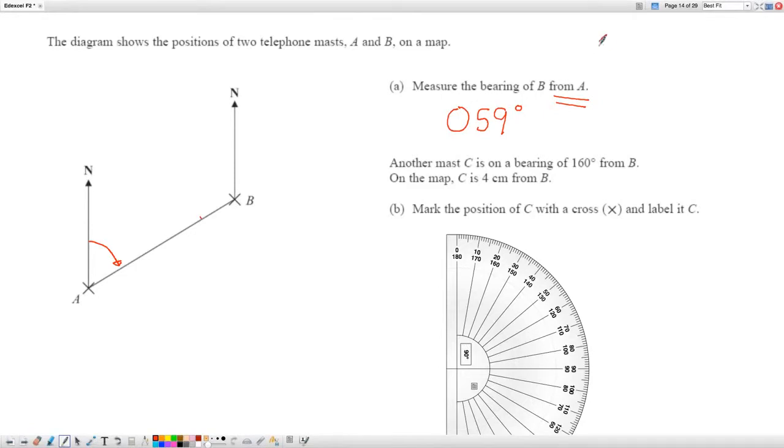If you check on the exam paper for that one, the examiner will accept any answer between 057 and 062. So just make sure that your bearing that you measured is somewhere between 057 and 062.